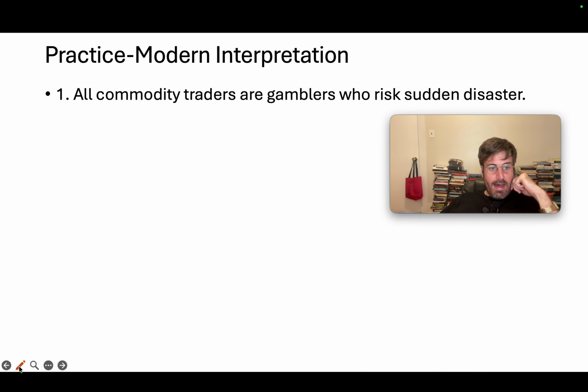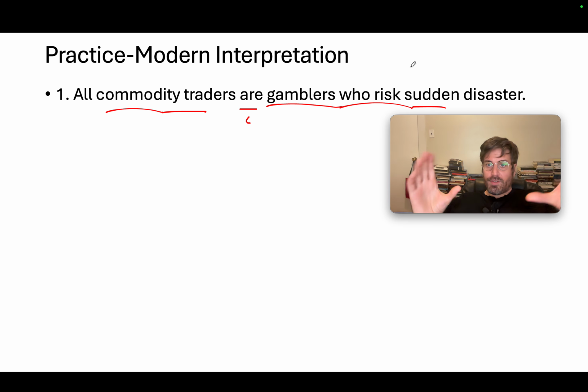We have our S group, commodity traders. We have the affirmative copula, are, and then we have our predicate group, gamblers who risk sudden disaster. So note that the predicate class term can be long. We can string together a bundle of words here, but it still constitutes a single type of entity. All right, so we have an A proposition here.